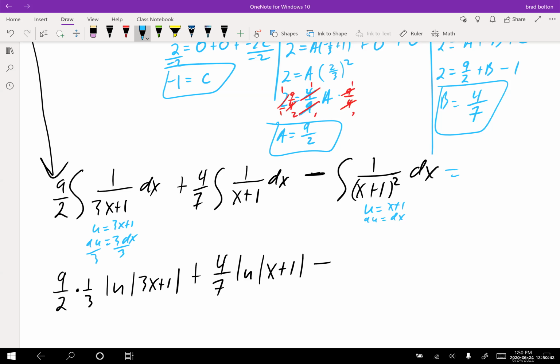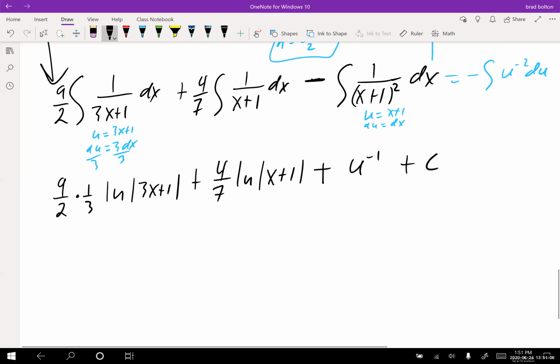So we end up with negative integral of u to the negative 2 du, right? So when we integrate that, it's just like before, it's going to become plus u to the negative 1 plus c, okay? Because u to the negative 1 over 1 changes that minus sign into a plus sign.